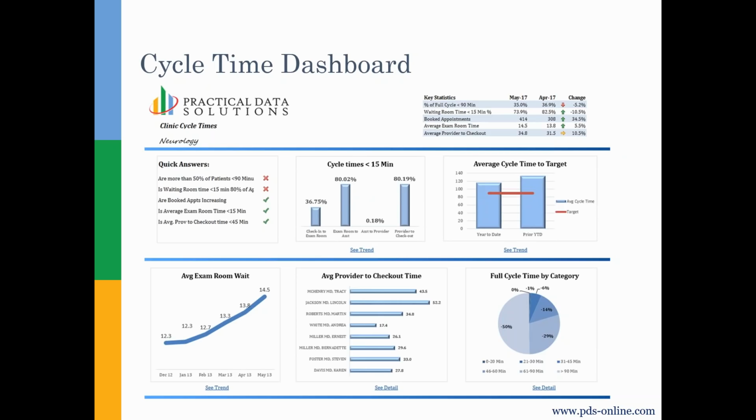We can drill down to get to visit types if necessary so that we can see, well, for a follow-up patient, we're falling into the realm of what's acceptable where they're only in the office for 20 or 25 minutes. And then our procedures might be in the practice for a longer period of time in the 90-minute to 120-minute range.